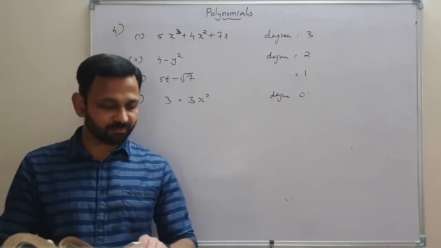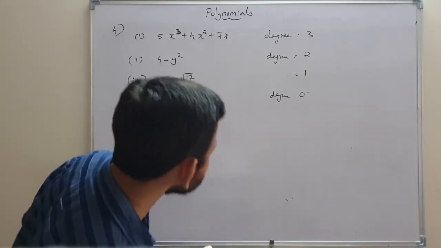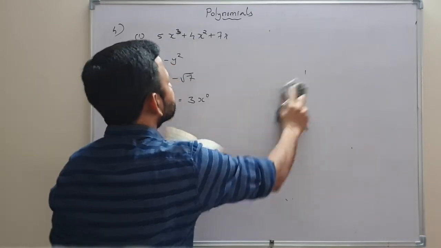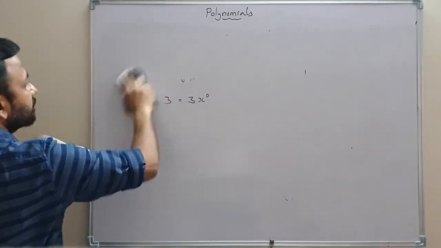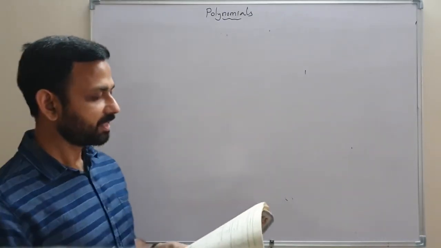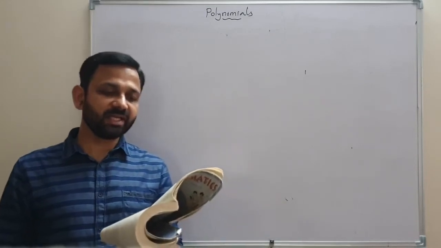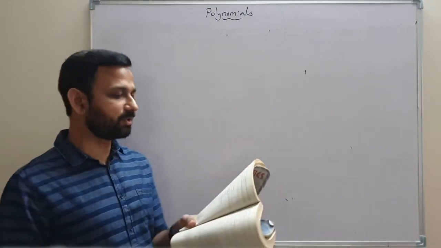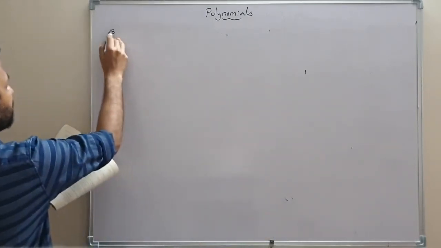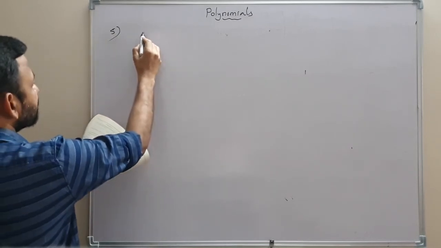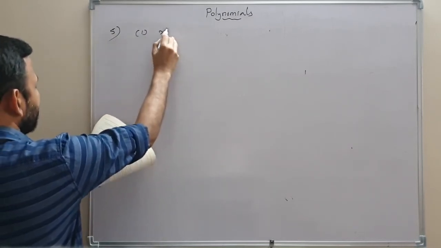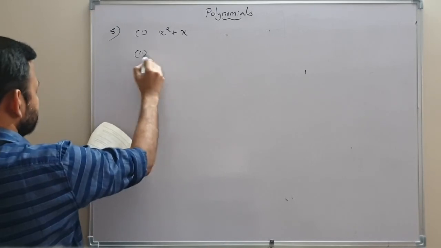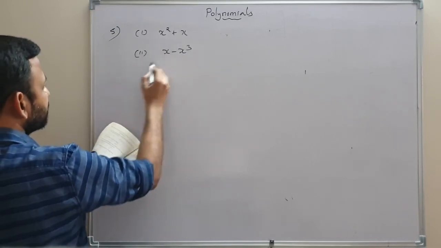Now we will do question number 5. Classify the following as linear, quadratic and cubic polynomials. First one, x square plus x. Second, x minus x cube.